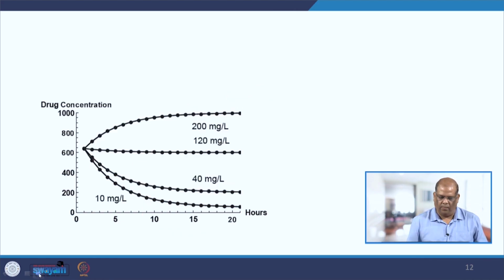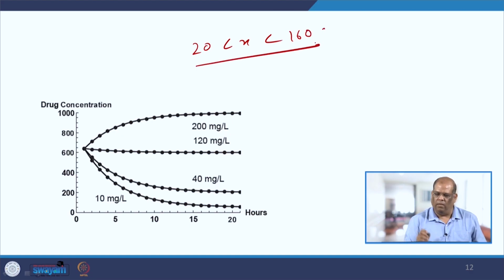And finally, this one is where we have shown that the range of the constant input of the drug must lie between 20 and 160.